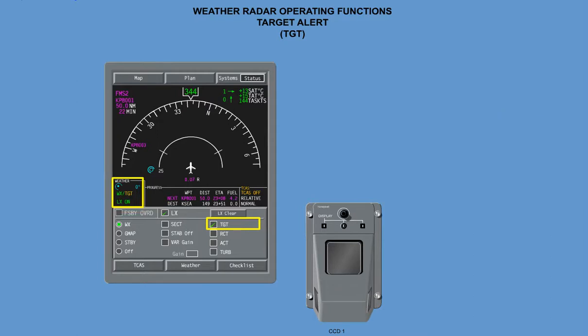This annunciation advises the flight crew that potentially hazardous weather lies directly in front and outside of the selected range. When this warning is received, the flight crew should select longer ranges to view the questionable target. The Target Alert is inactive within the selected range. Selecting Target Alert forces the system to preset gain and turns off variable gain mode.